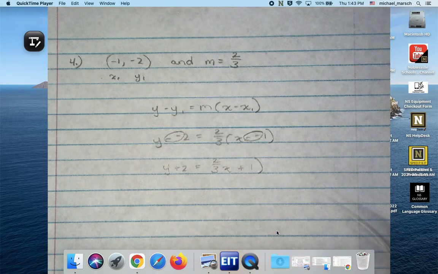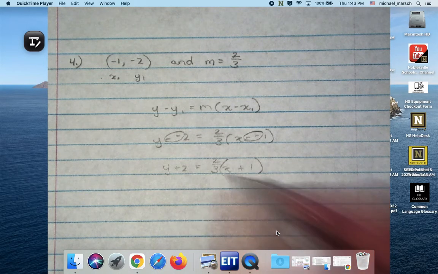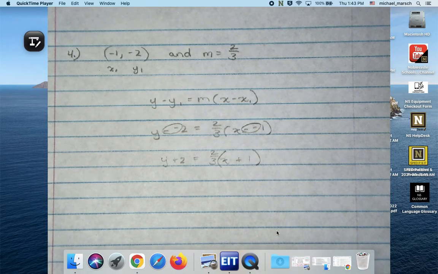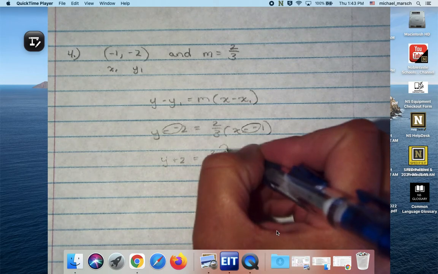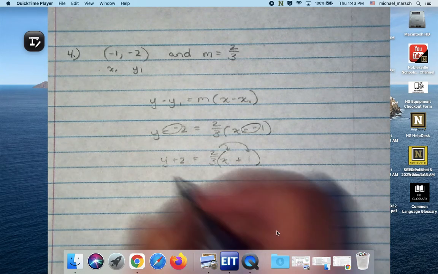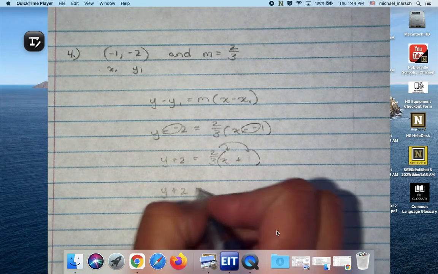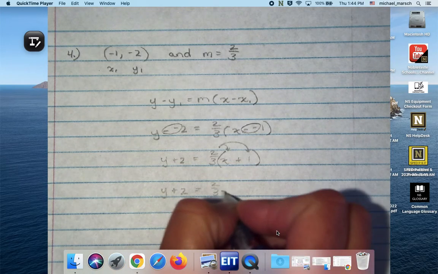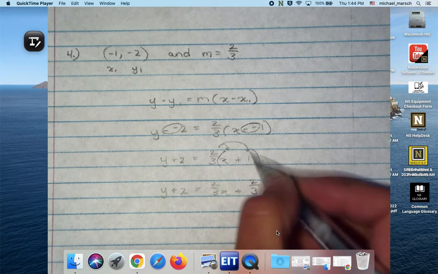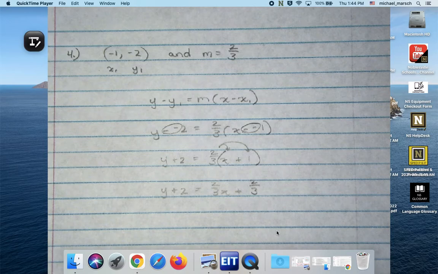Well, that didn't really go the way I wanted it to. We'll do a different one next. So then we have to distribute this 2/3 to get it as slope-intercept form. So y plus 2 equals 2/3 x plus 2/3, right? Because 2/3 times 1 is 2/3.